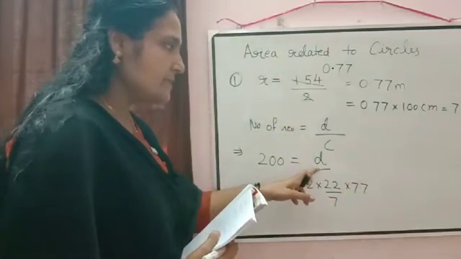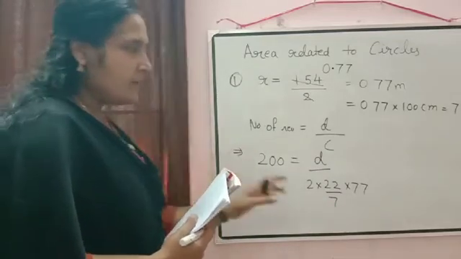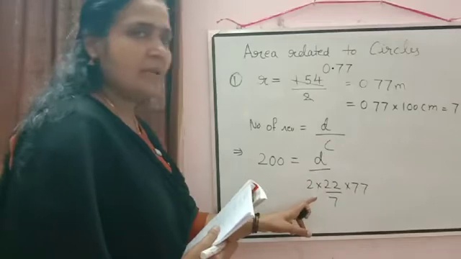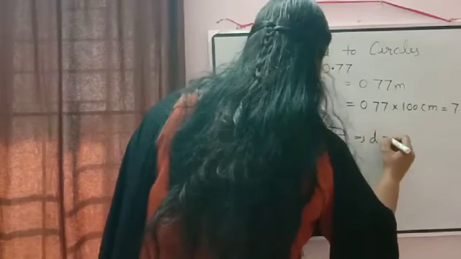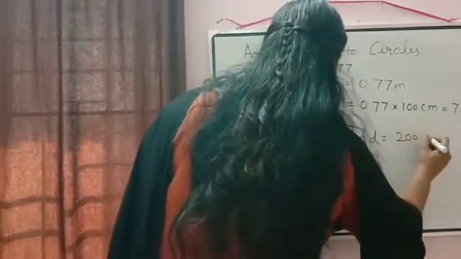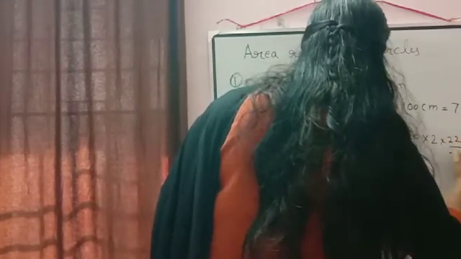So except distance, the rest of the things we can shift to the left hand side. Here they are in the denominator, so when we change the position, they will go to the numerator. So we will get D is equal to 200 into 2 into 22 by 7 into 77.